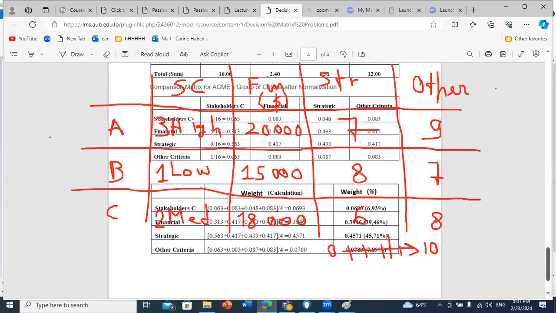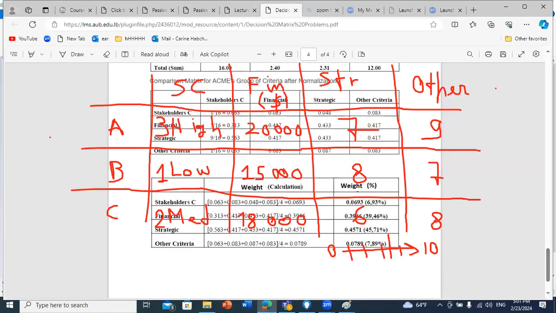For stakeholder, the percentage is 6.93. So here we put 6.93%.